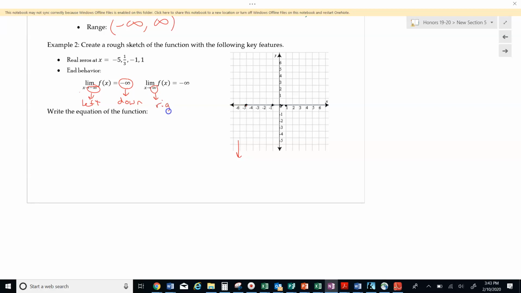On the right, ooh, it also goes down. So here's my last point. To the right of it, it's going to end up going down. Now I'm just connecting my dots. So I have to go through this point. Okay, beautiful. It's a beautiful function.